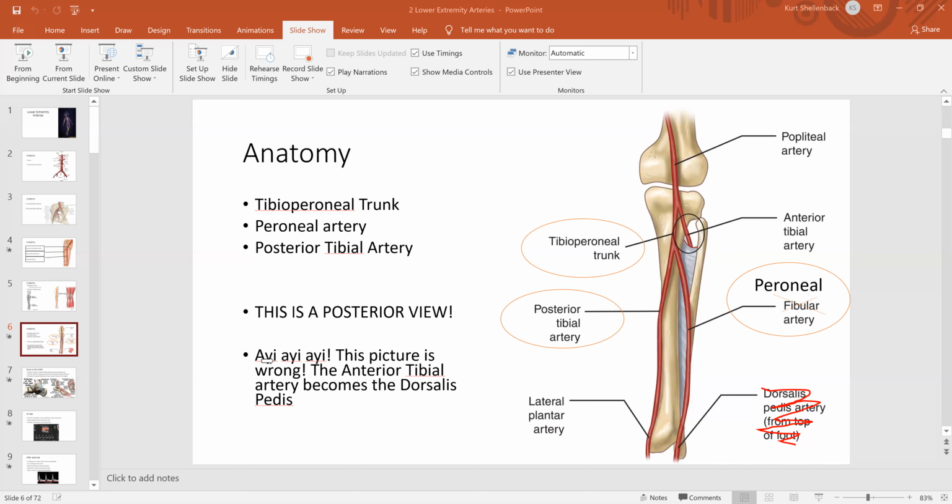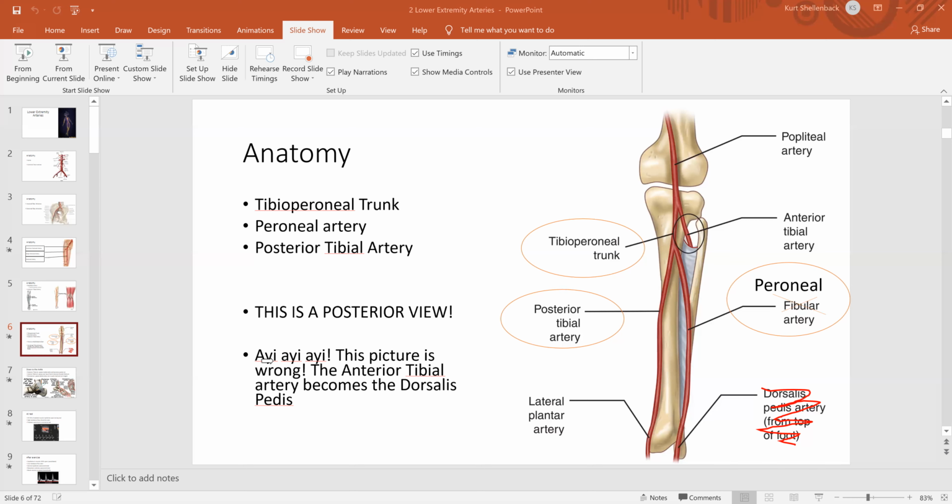Okay, posterior tibial artery passes the medial ankle and becomes eventually the plantar artery. Don't worry about that so much, just that the posterior tib passes the medial ankle, and the medial malleolus is another way of saying that, and that's where I suggest you start your exam.